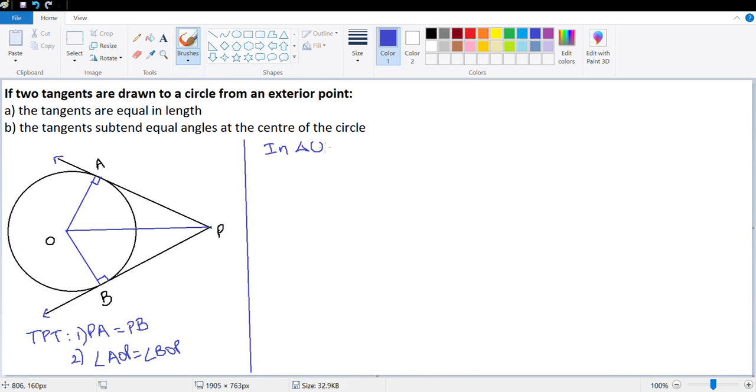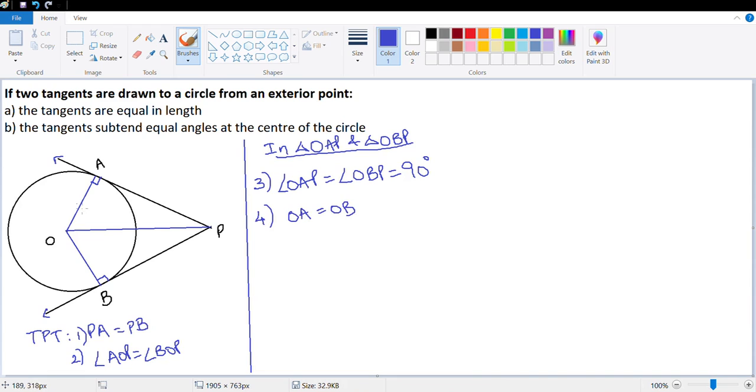In triangle OAP and triangle OBP, what we have is point number 3: angle OAP is equal to angle OBP is equal to 90 degrees. We'll write the reason in a minute. Next one, OA is equal to OB.